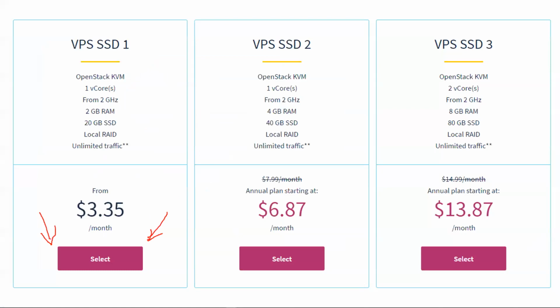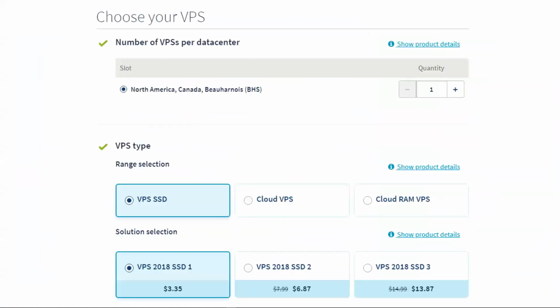So when you click on that, it takes you to the optional page, so you can have certain sized servers. The first one, SSD 1, was plenty. You're probably not going to need more than that, but you can always upgrade if you need to. But $335 a month is enough to send out 50 million emails, so it's pretty good.